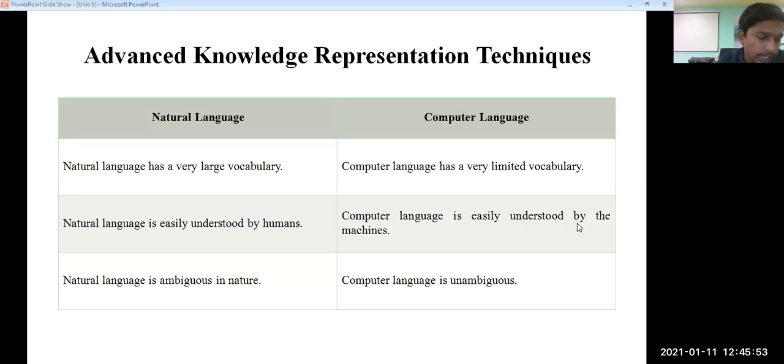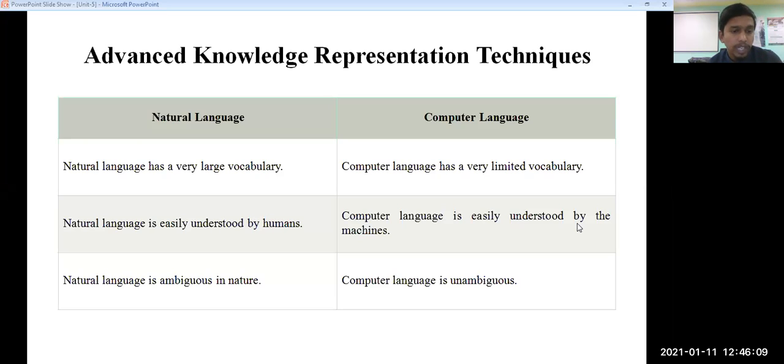So it need not stress about the language or context of the language. Natural language is easily understood by human beings. Computer language is easily understood by machines only.